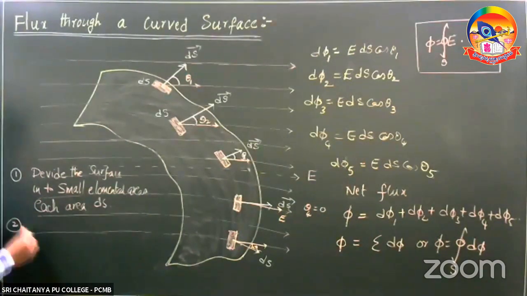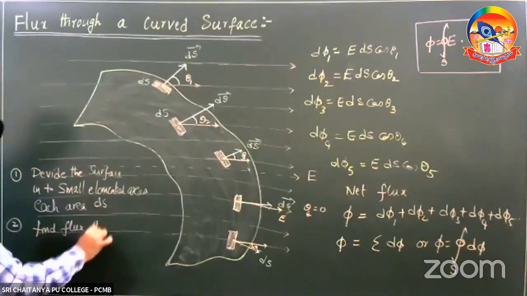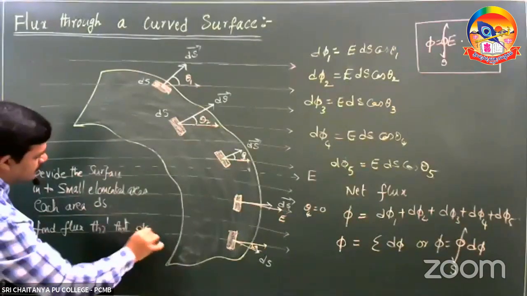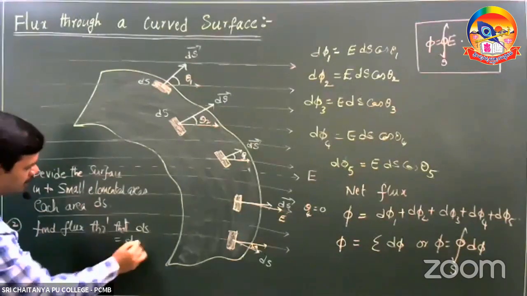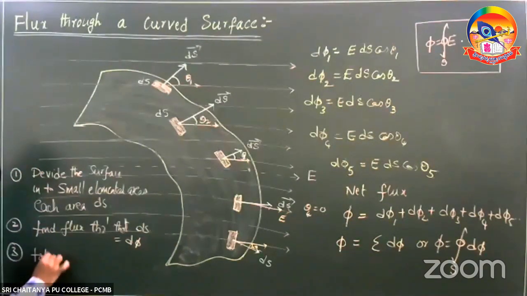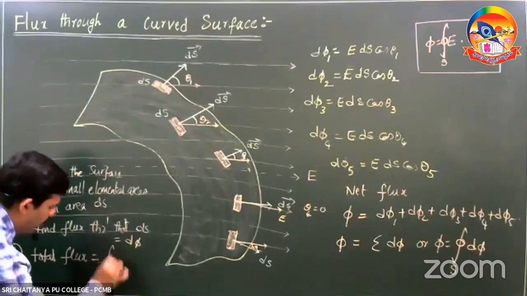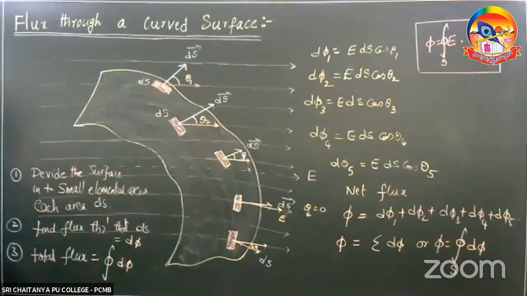Second step, find the flux through that ds, that is d phi. Third step, total flux is integral d phi.